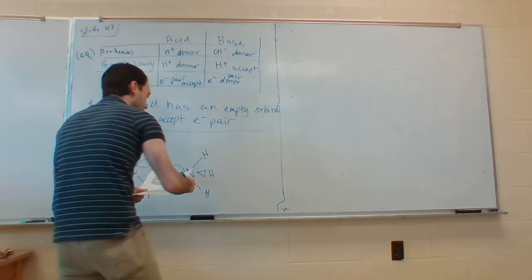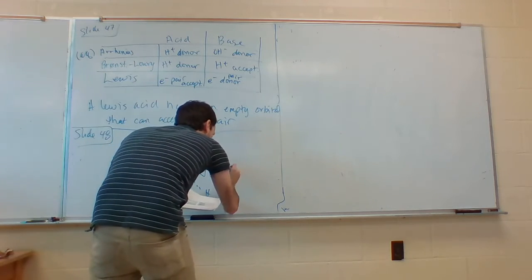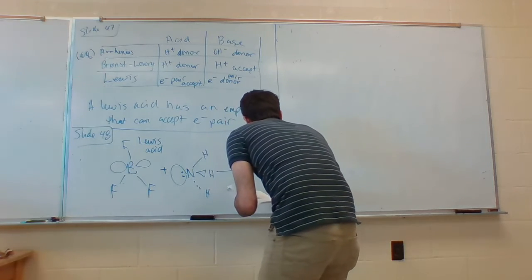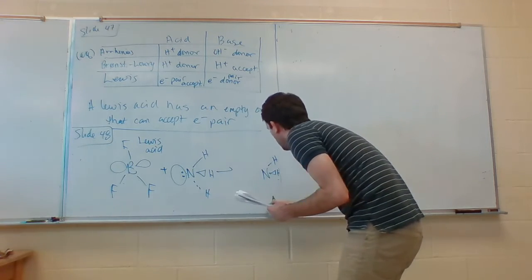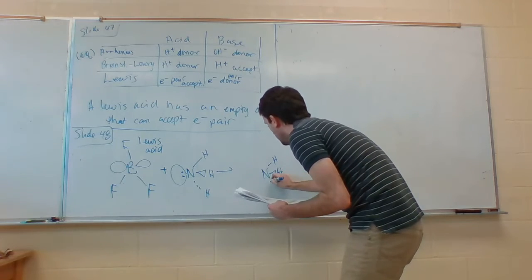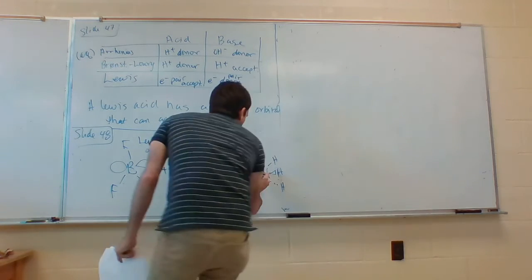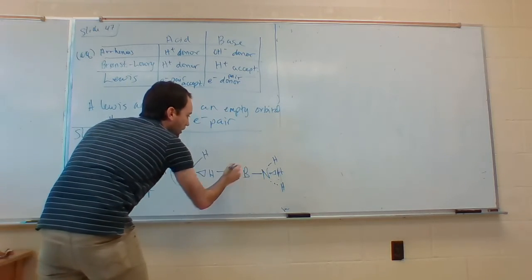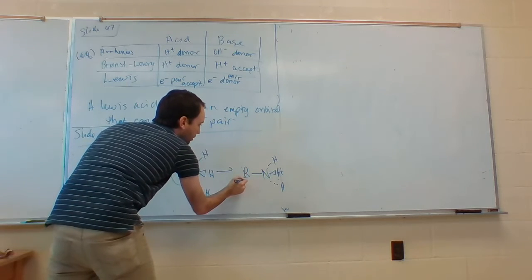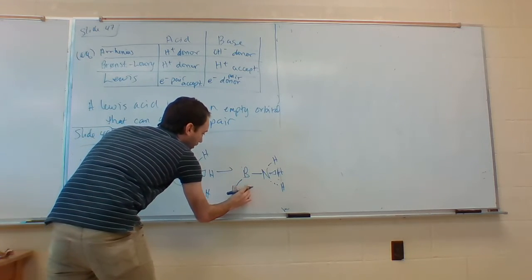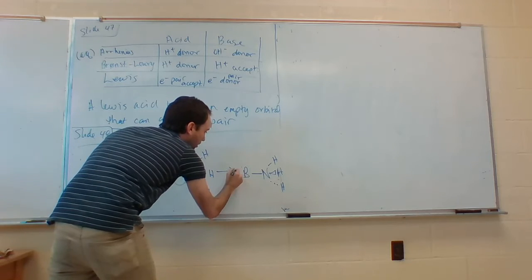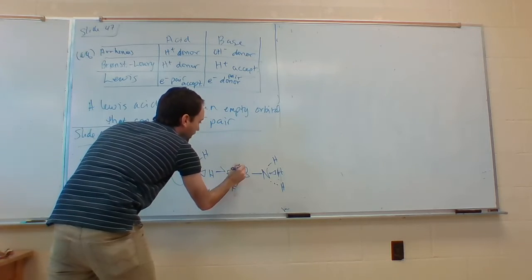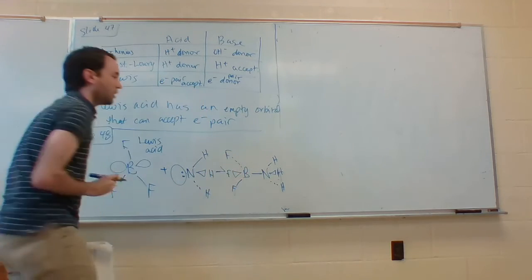And then it ends up hybridizing to give you N, H, H, I'll erase this line, H, and H, and then it will form a bond with the boron, which is going to have a fluoride, another fluoride coming out of the board, and another one going back.